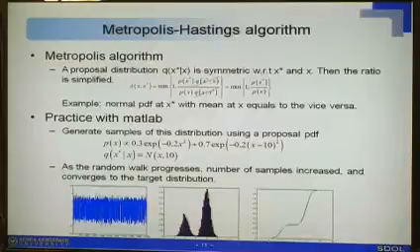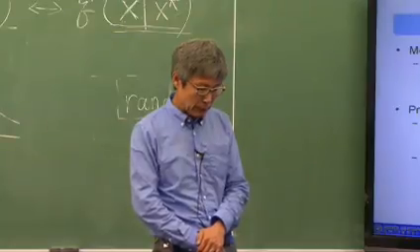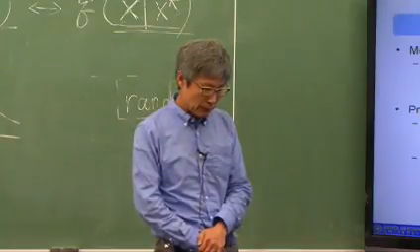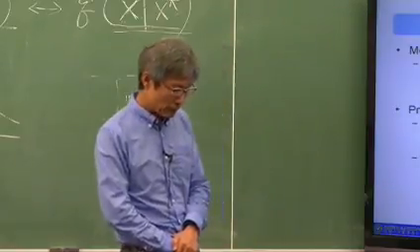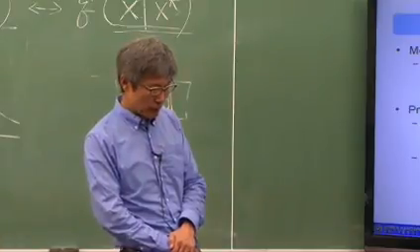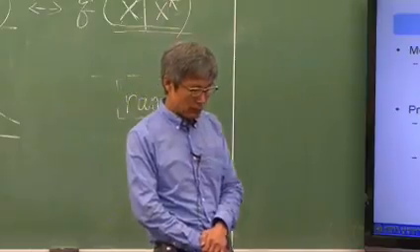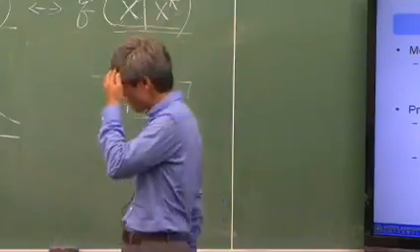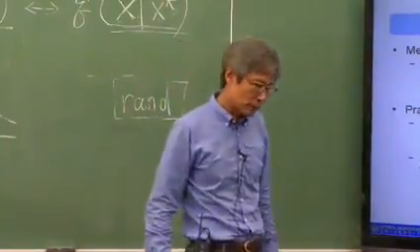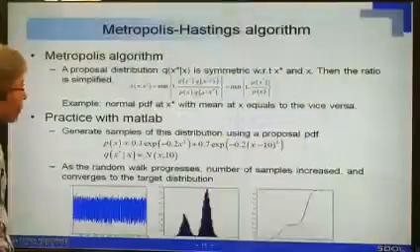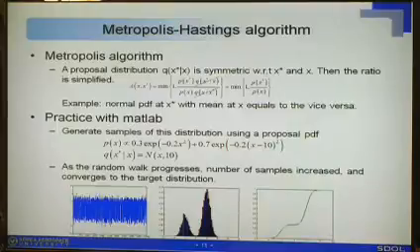So 50% of the time we are sure to accept it. And in the other cases, we still have a substantial chance of accepting it because P of X star over P of X will normally be close to 1. So maybe 70–80% of the time we will just accept it. Doesn't that slow up the sampling?